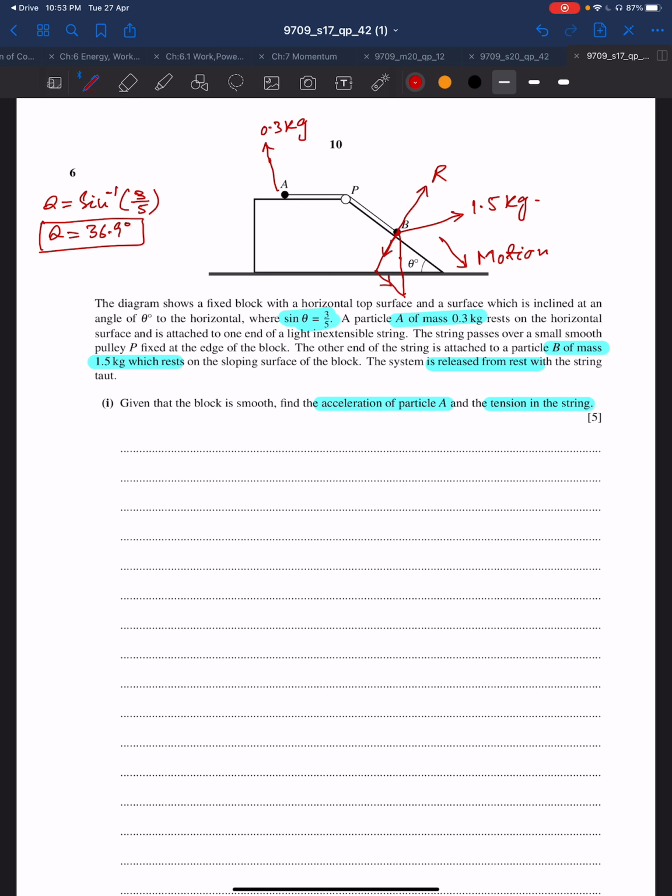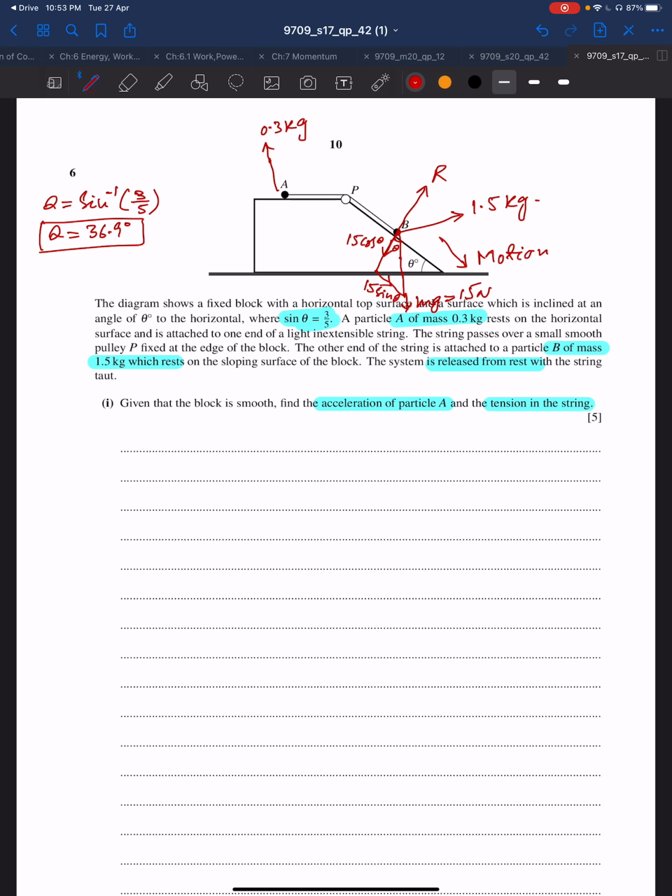This is the vertical component, and mg is equal to 15 Newton. So this is 15 cos theta, and this is 15 sine theta. The driving force will be 15 sine theta.